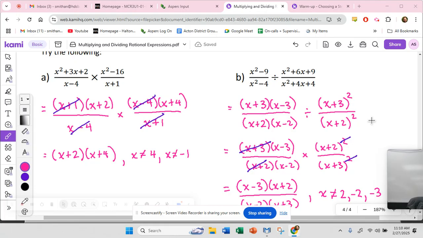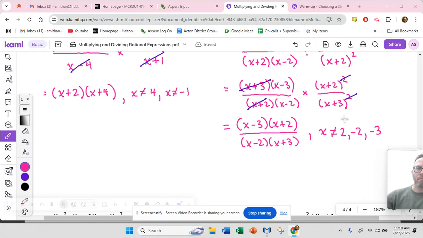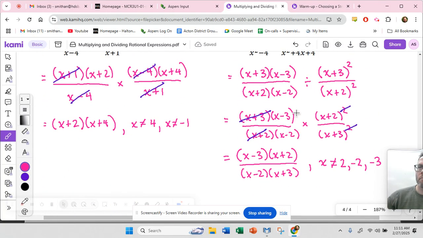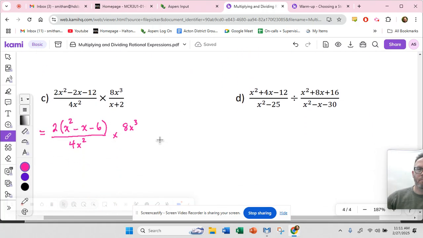You have to factor. So it's difference of squares. Oh yeah.